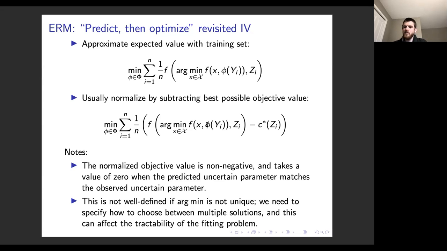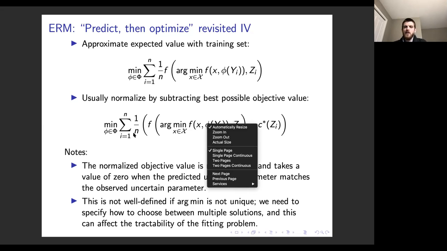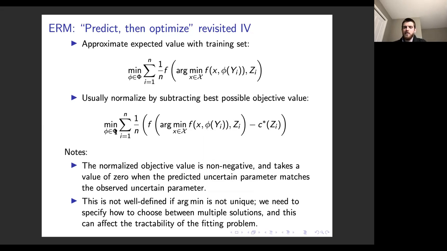You can definitely build a policy and do gradient descent on your training set with your deep neural net, and you'll get something. You can do something similar in the predict and optimize approach too. You could make your class of policies neural nets, and then solve this fitting problem by doing gradient descent on the neural net.